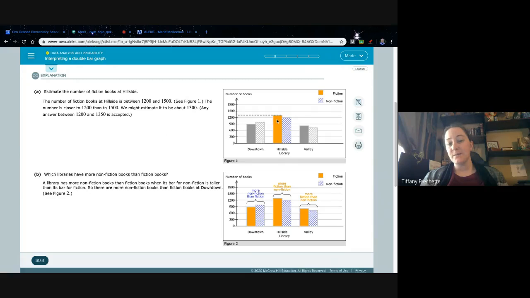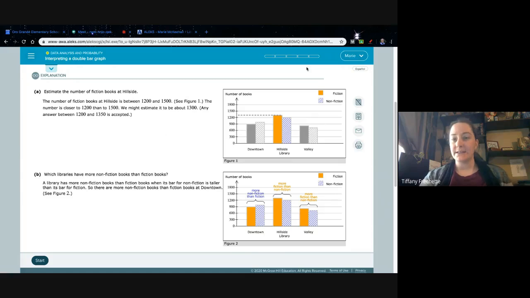The reason we have to estimate is because it's right up here, a little lower than the middle. So it's somewhere between this 1,200 and this 1,500. So any answer between 1,200 and 1,350 is accepted.